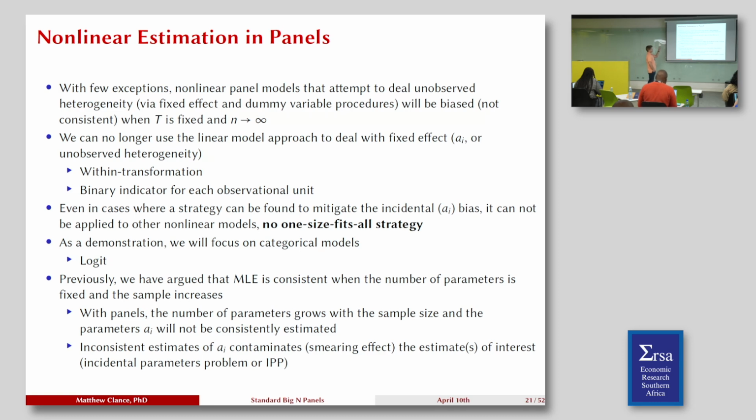So with few exceptions, nonlinear panel models attempt to deal with the unobserved heterogeneity via some version of fixed effects, dummy variable procedures. And when they do this, typically we get estimates that are biased or not consistent, because T is fixed and N is going to infinity. Basically, the number of time periods T is fixed and N is going to infinity.